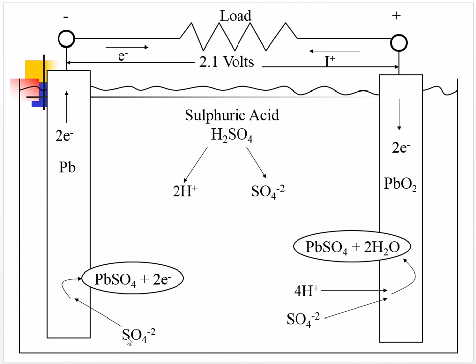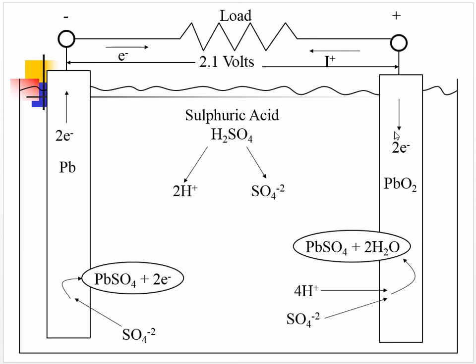As we discharge, the sulfate ion combines with the lead on the plate to make lead sulfate, and then we have 2 electrons that go up the plates. On the positive side, we need 4 hydrogen ions and 1 sulfate ion, and we get lead sulfate that plates out on the plate, and 2 water molecules that go back into the electrolyte solution.